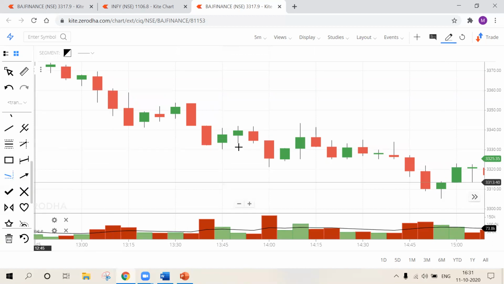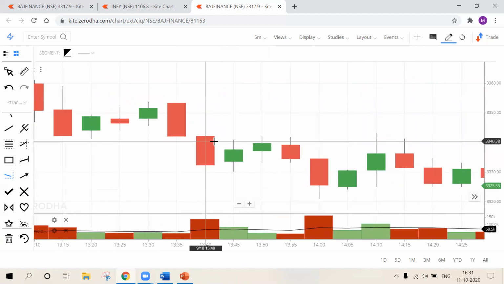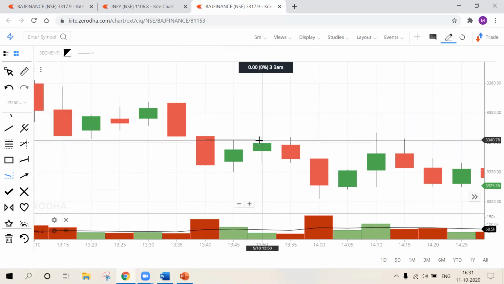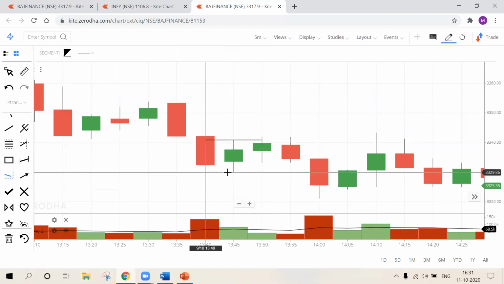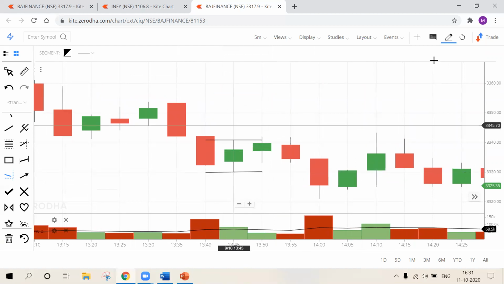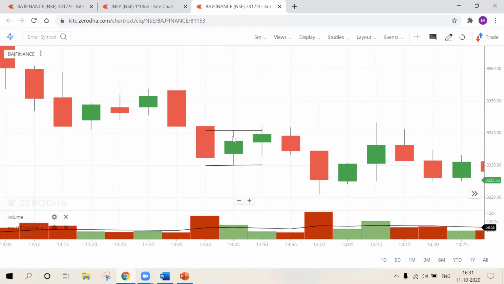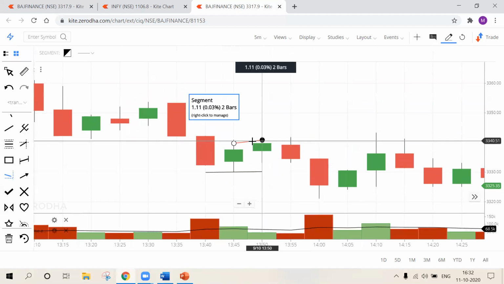Let me show. Look at this candle. This is the top of the candle, and this is the bottom of the candle. Buyers will try to make the whole candle green, but sellers will come to the market, and they won't be happy, and they push the price downward.